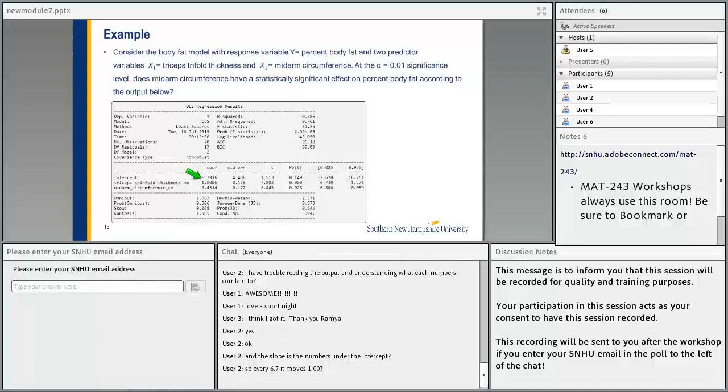No, we don't interpret it that way. 6.7 is the B0 value, which is your y-intercept. It is the value of y when all your predictor variables have a value of 0.